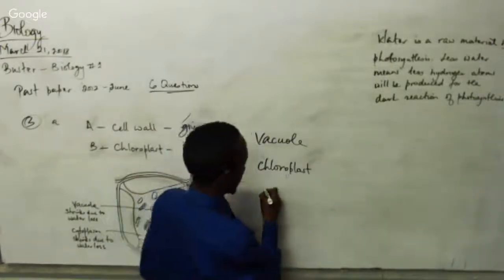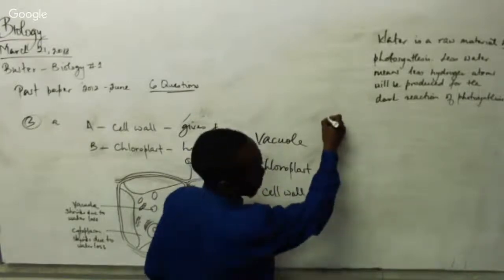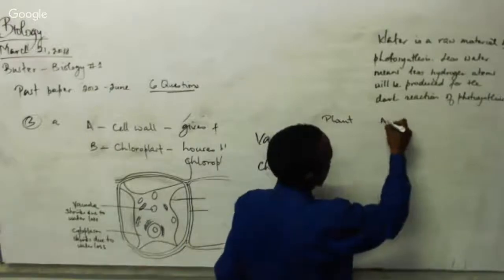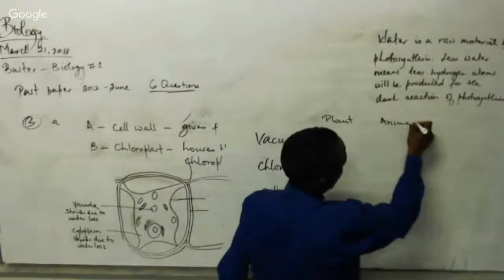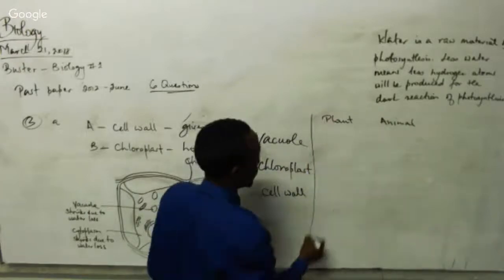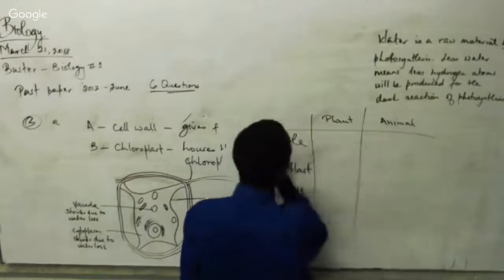Vacuole, chloroplast, and cell wall. Plant, animal. So for vacuole, large and permanent.